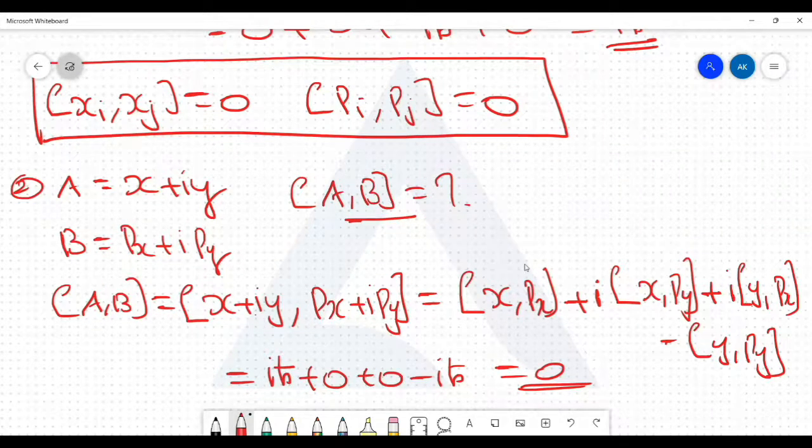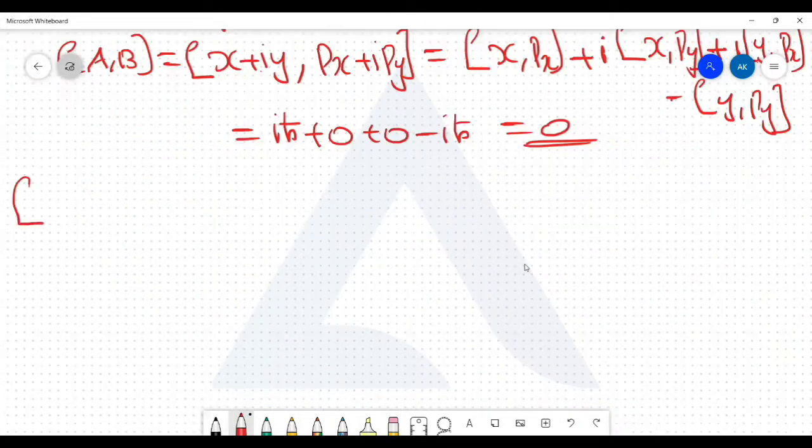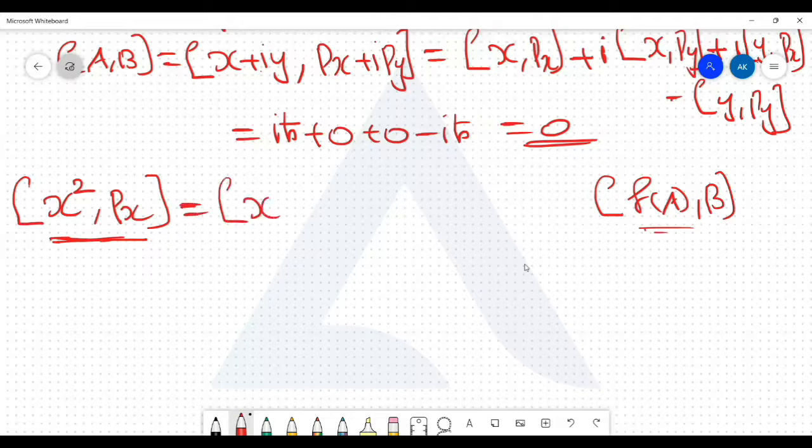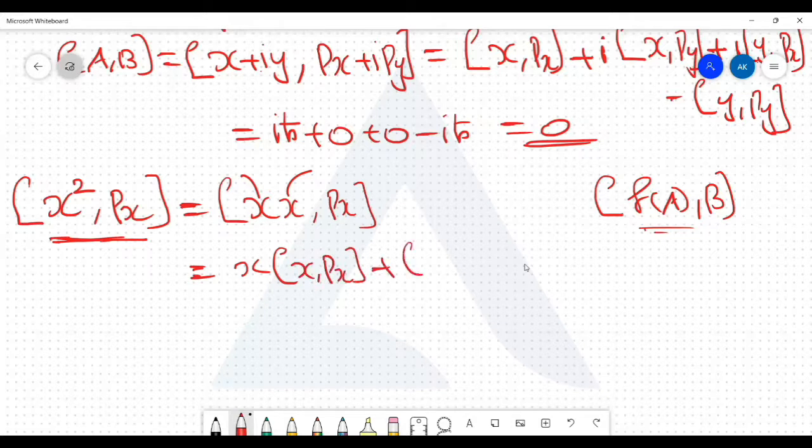Okay, now [x square, px], which is of the form [f(a), b]. Before introducing this formula, let me try in a different way. [x·x, px]: this is the first one, this is the second one, therefore x[x, px] plus [x, px]x.